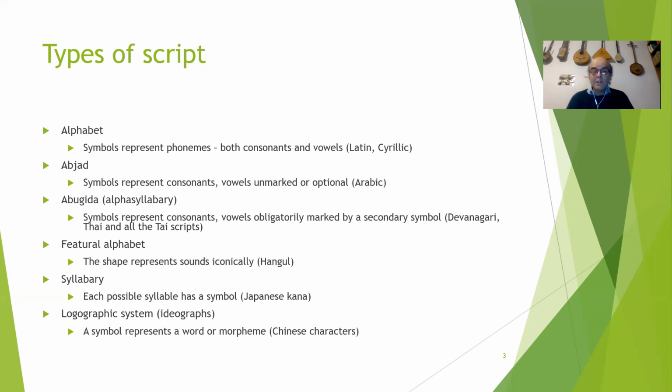And what are known as logographic symbols or ideographs, which are where symbols represent a whole word. Okay, so they're the different types of scripts that we have in the world, and it's important to understand this so that we can make sure that we understand how the scripts that we're talking about work.